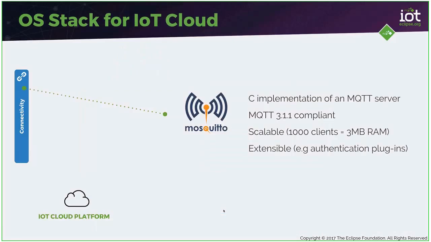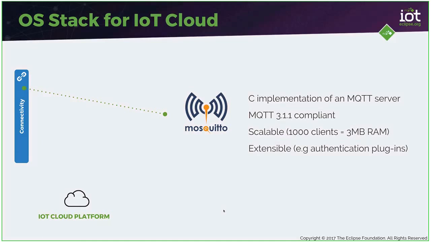In terms of connectivity, there would be Eclipse Mosquitto. Should you want to ingest data into your IoT backend, and you have devices or gateways that talk MQTT, chances are you can use Eclipse Mosquitto, and out of the box it will provide you with a broker for the MQTT protocol.